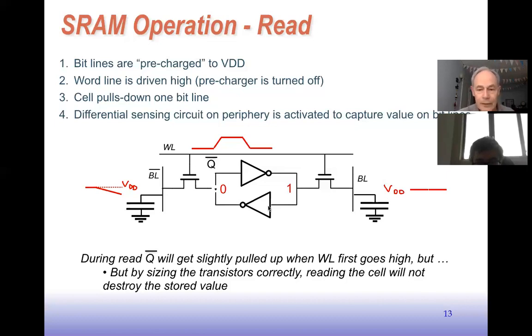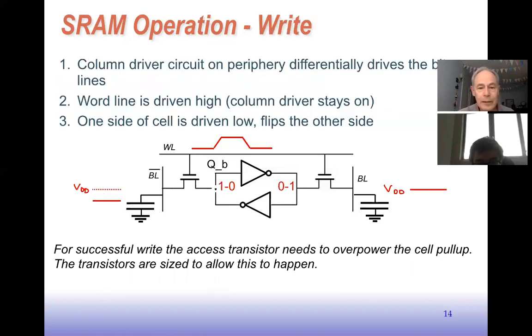Now, that's how the read operation works. The write operation is pretty simple. What happens is there's a column driver circuit on the periphery, connected to the bit cells at the bottom of the array, that can drive a 1 on one bit line and a 0 on the other bit line. So we mean by drives it differentially.